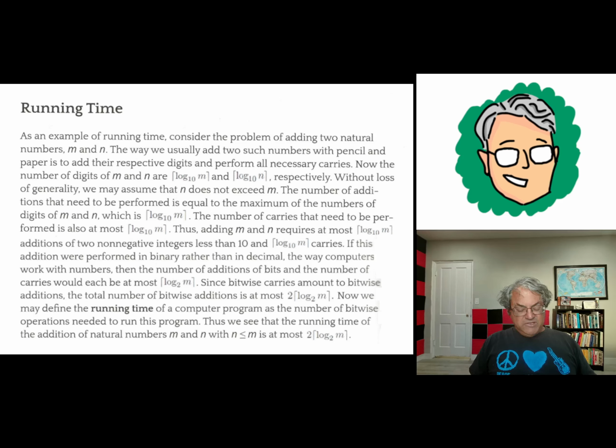Just like in decimal, the number of digits of a base 10 number is the ceiling of the base 10 logarithm, in binary it's the ceiling of the base 2 logarithm. So if we were adding the numbers m and n, the number of digits of m is the ceiling of the base 2 logarithm of m, and the number of digits of n is the ceiling of the base 2 logarithm of n.